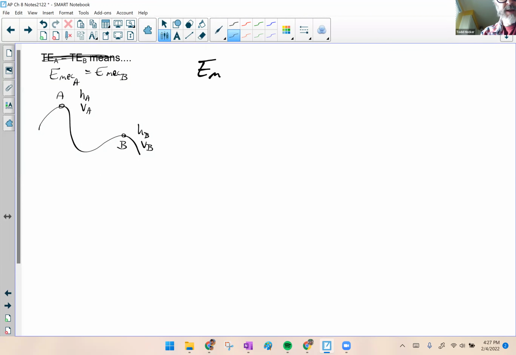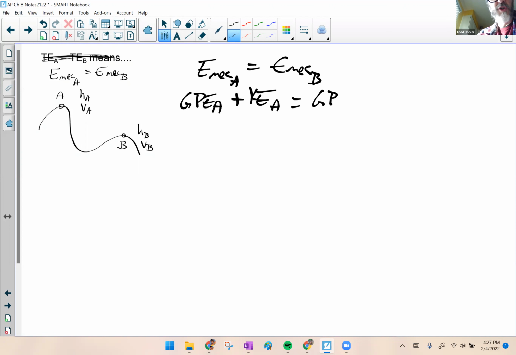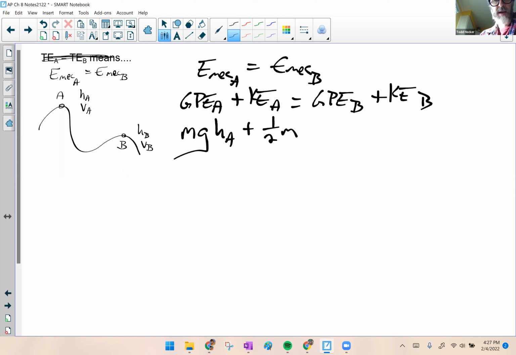Mechanical energy at A equals mechanical energy at B. That means that the gravitational potential energy at A plus the kinetic energy at A equals gravitational potential energy at B plus kinetic energy at B. Well, that means mass times 9.8 times the height at A plus 1/2 m times the velocity at A squared.